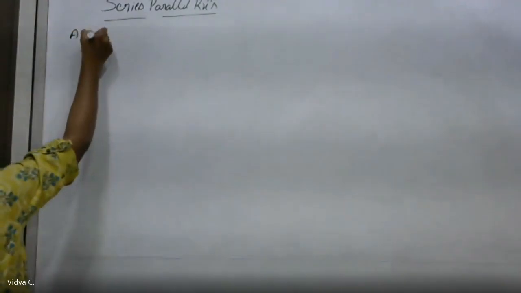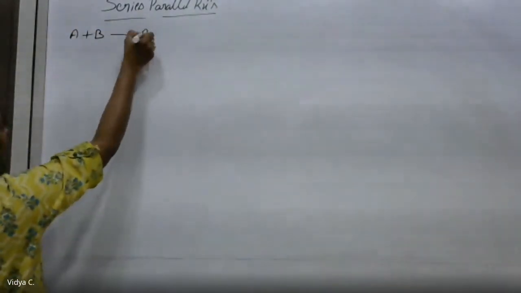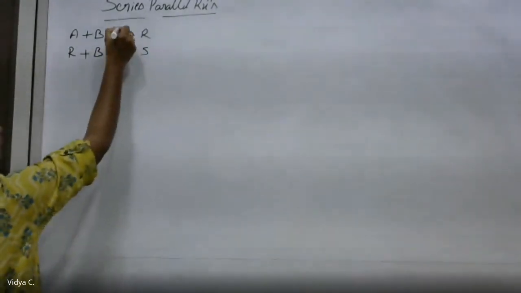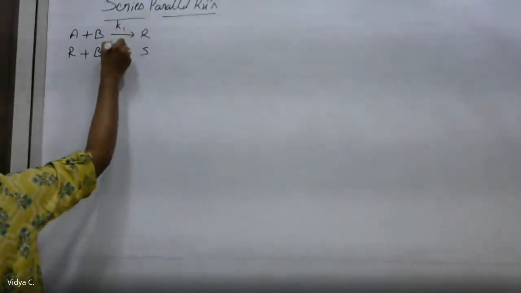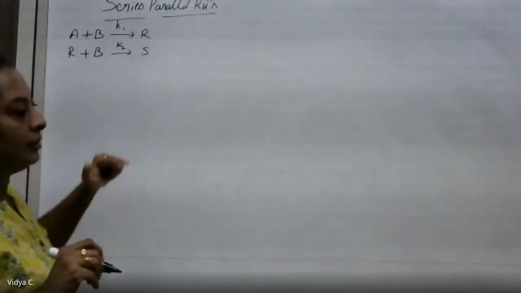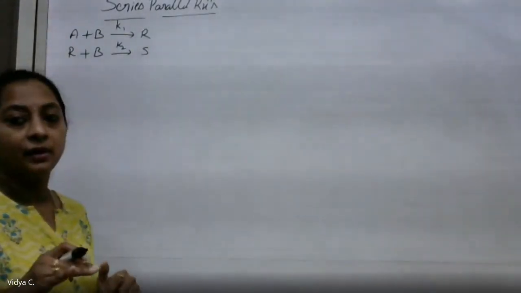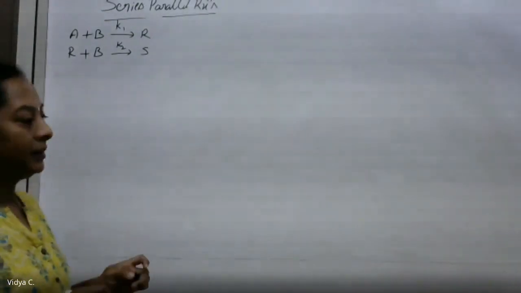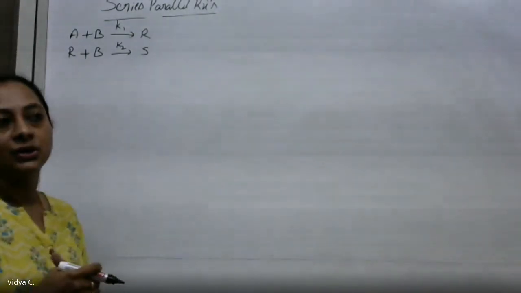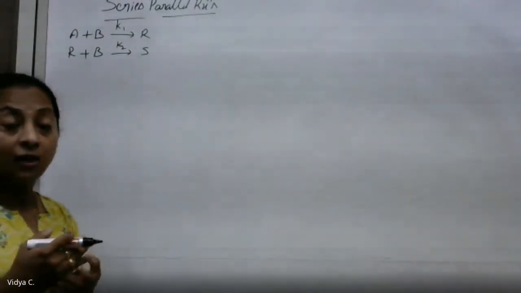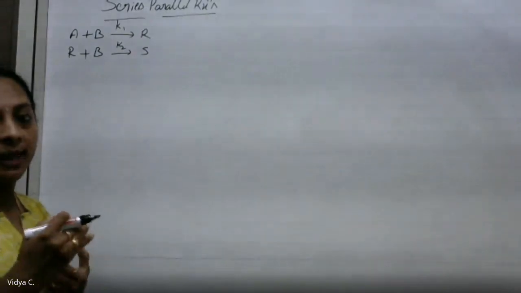It is A plus B gives R and R plus B gives S with the rate constants K1 and K2. So here I'll be developing the equations to find CR max. How do we find the concentration? Suppose CA and CA naught are available for me and I can find CA.